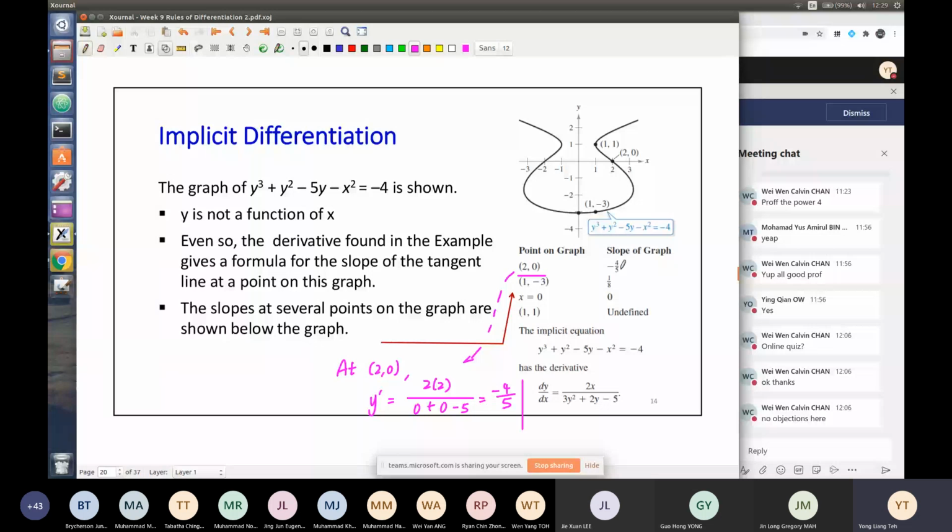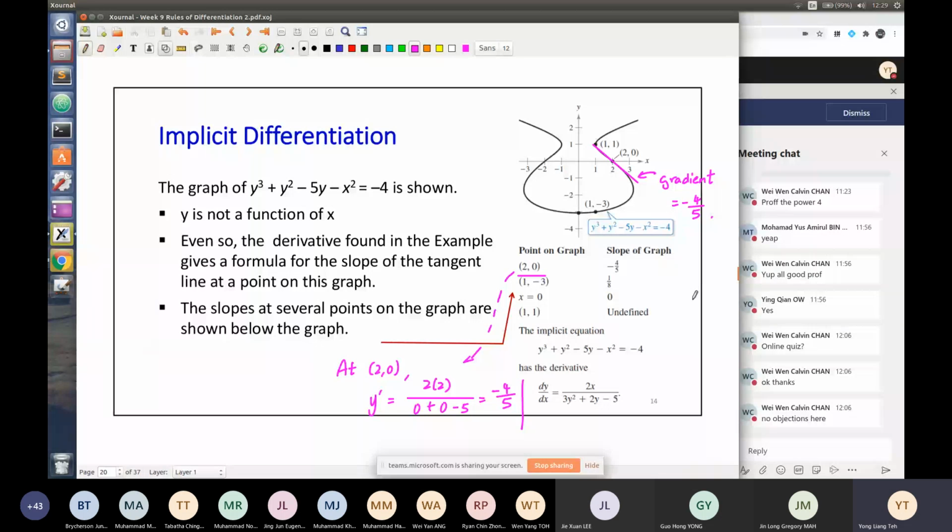I can expect that the gradient of the tangent at 2, 0 will be minus 4/5. And just by eyeballing, it looks pretty legit. My tangent might be looking something like that, so this will have a gradient equal to minus 4/5.